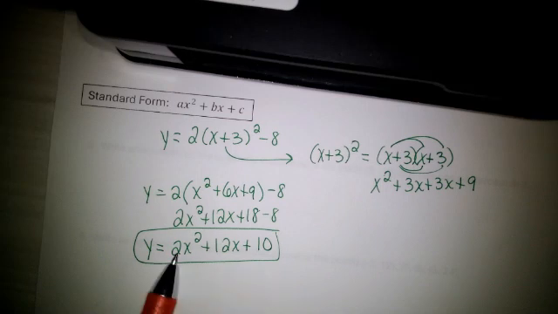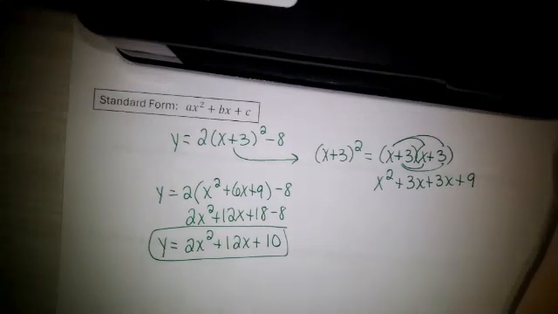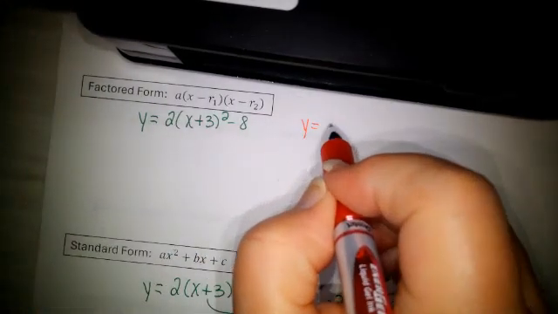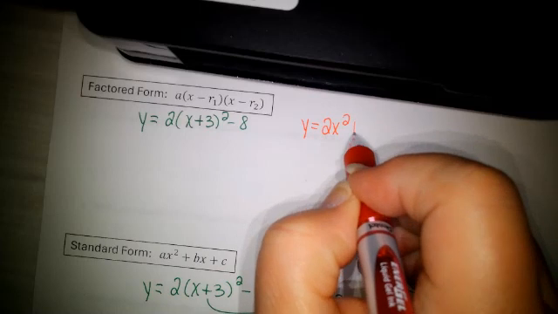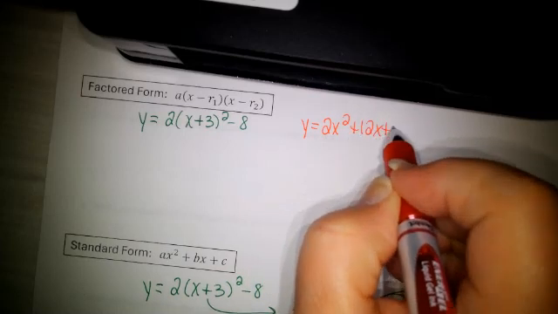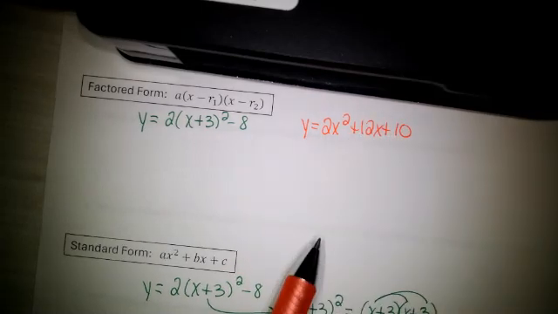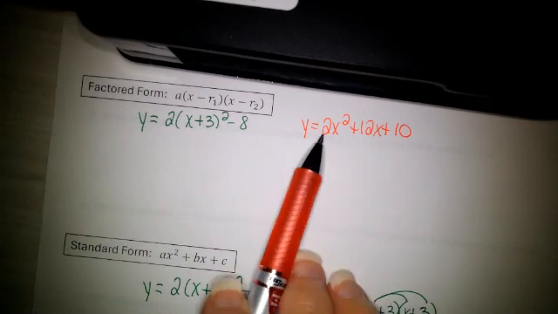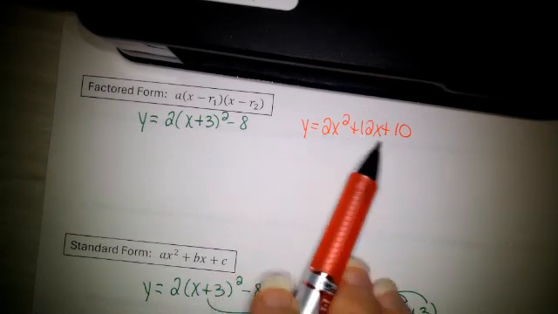Now we're going to take the standard form equation and factor it to get the factored form equation. So we'll copy that up here. y equals 2x squared plus 12x plus 10. Okay, deep breath. When we factor this, we need to look at the GCF to take out first.